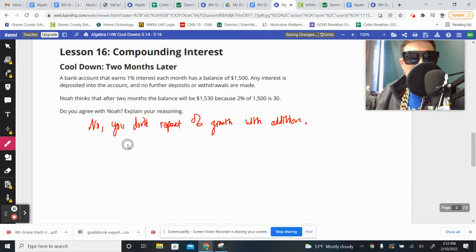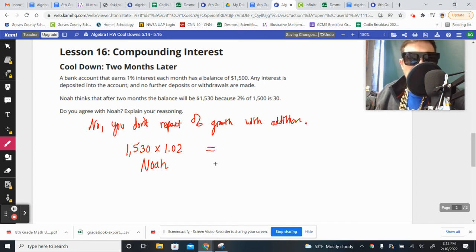All right. So if I take 1,530 and I multiply by 1.02, okay, this is what Noah wants to do, right? This is Noah's idea. I'm going to find 2% of what I started with.